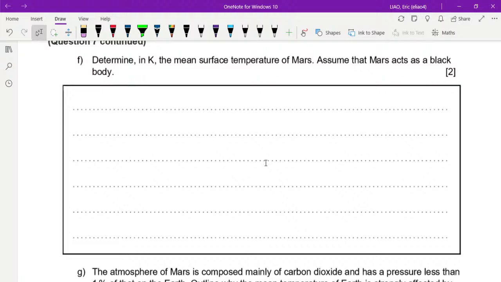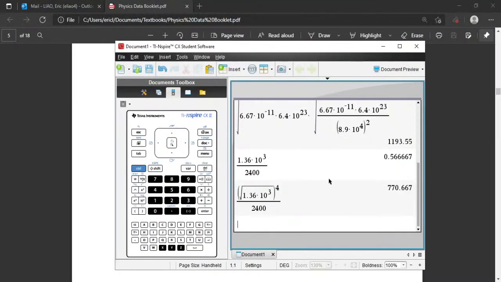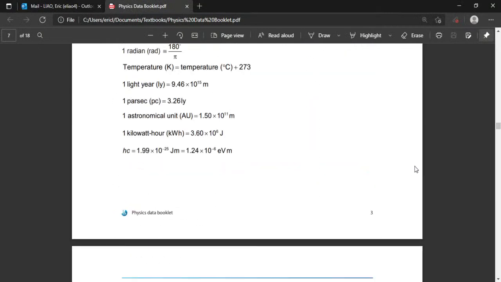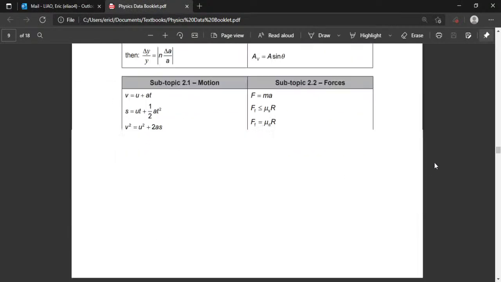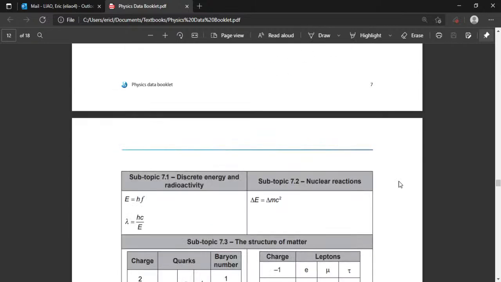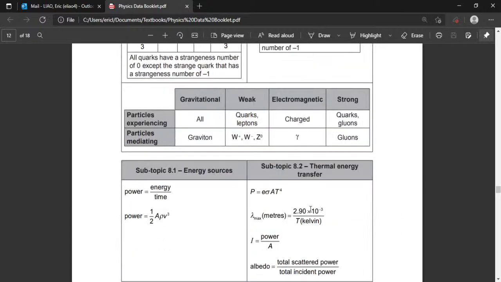That means surface temperature of Mars. Assume that Mars acts as a black body. I'm gonna assume that Mars acts like a black body. Sounds like a topic 8 question. Yeah, one of these.